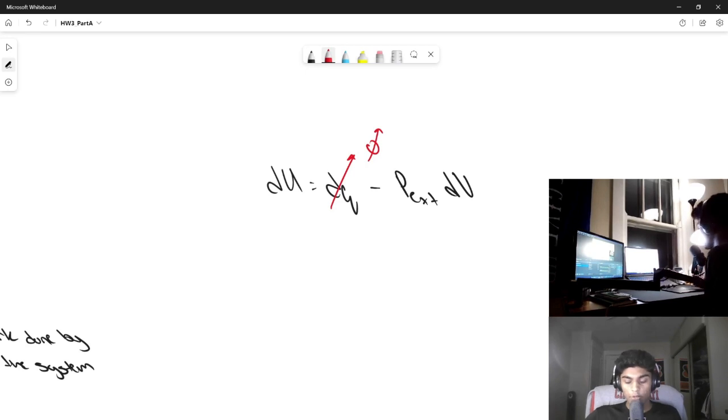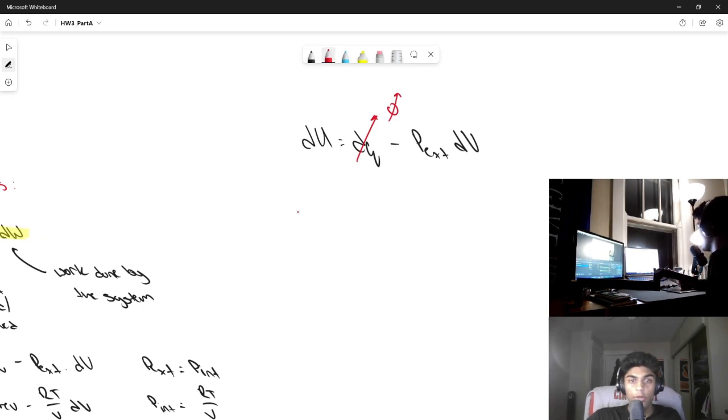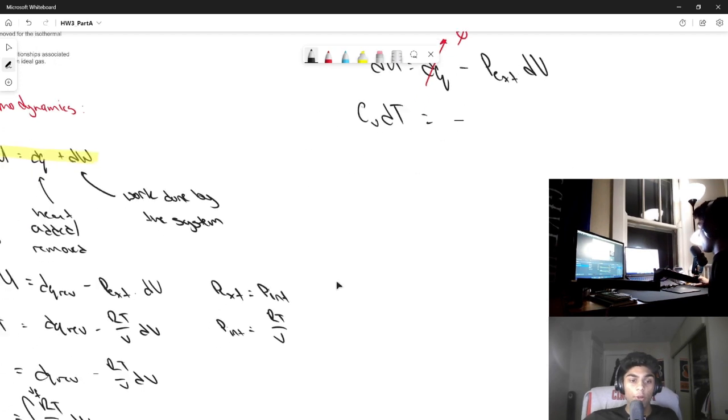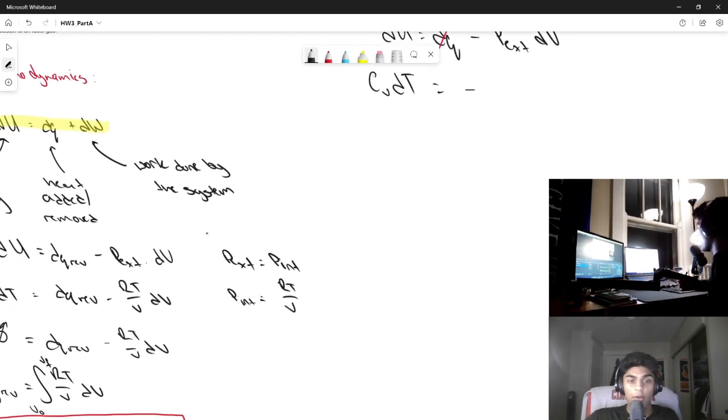So now from here, things are going to look pretty similar to our last simplification. We're going to set this side equal to CV dT, which we can do because we are dealing with an ideal gas, is equal to, remember we had defined this entire conjecture where we had the external pressure equal to the internal pressure.